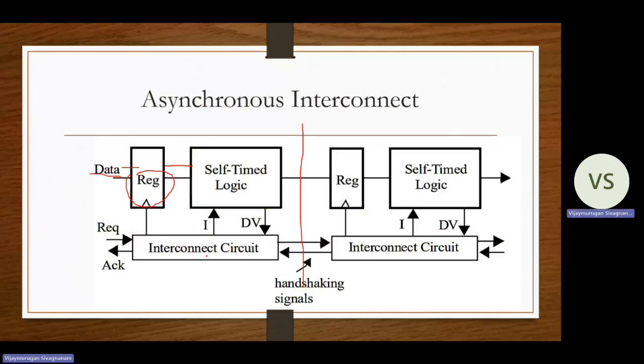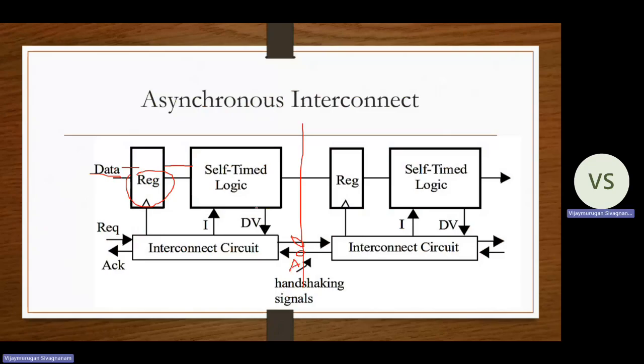This one is the interconnect circuit. This circuit helps transmit the data from one module to another module. Here we are passing two signals. One signal is an acknowledgement signal and another is a request signal. This one is the request signal. This one is the acknowledgement signal.